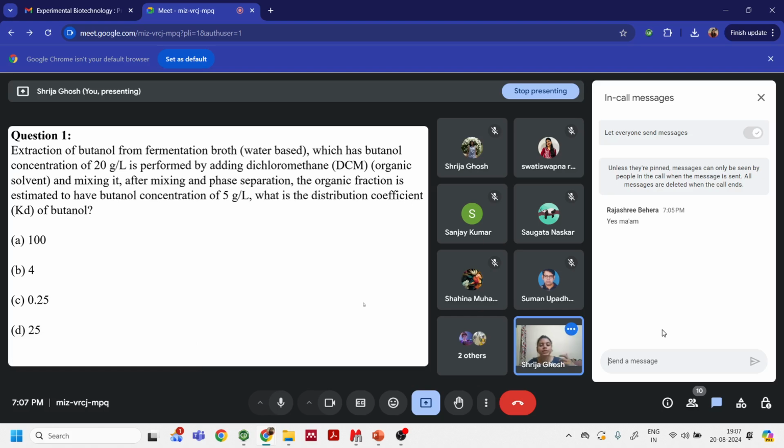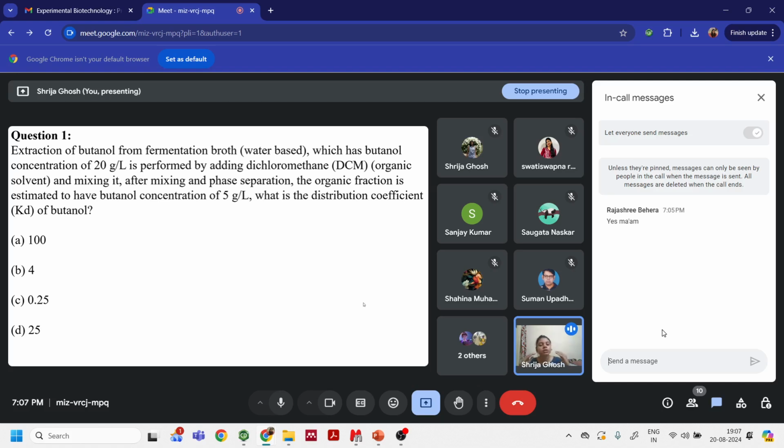We have to find the distribution coefficient. So let's understand what distribution coefficient is first. Distribution coefficient is basically how much of the one component that you are trying to separate is being distributed into two different phases. In this case we have an organic phase and an aqueous phase.